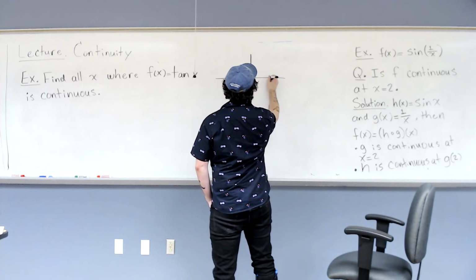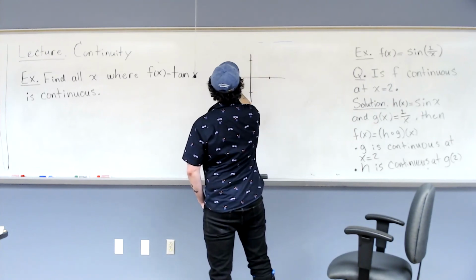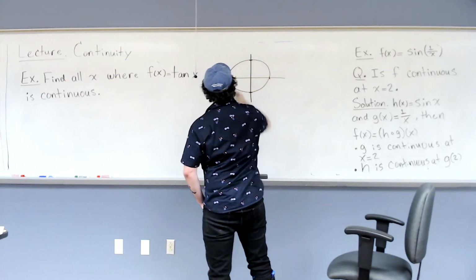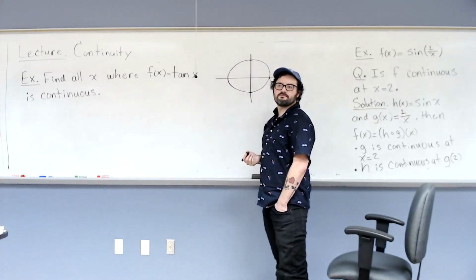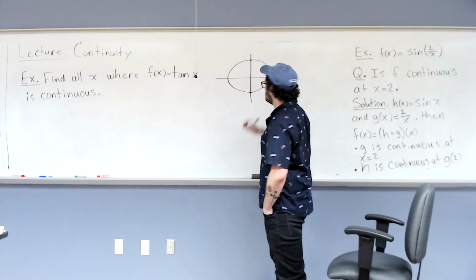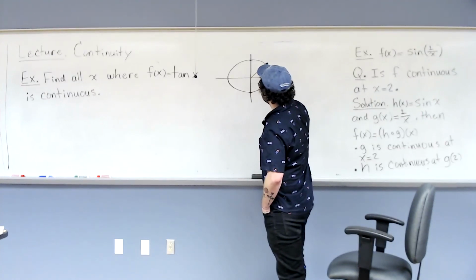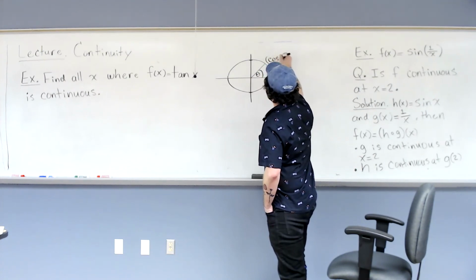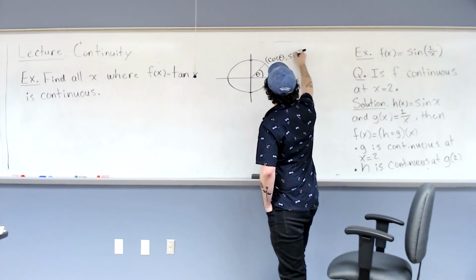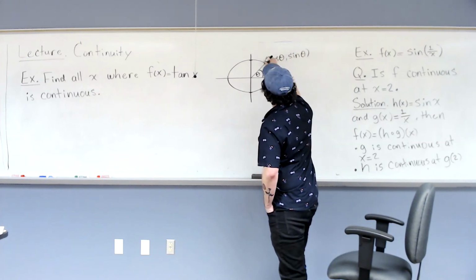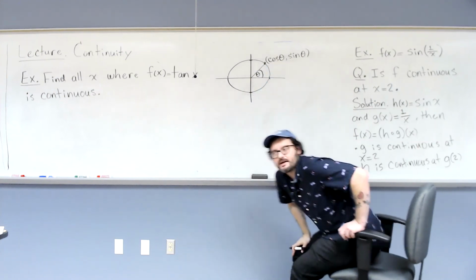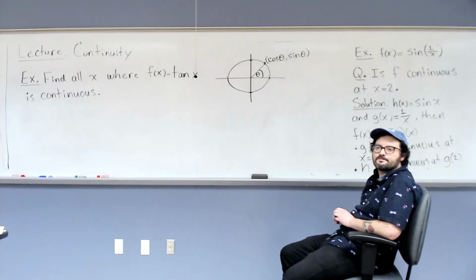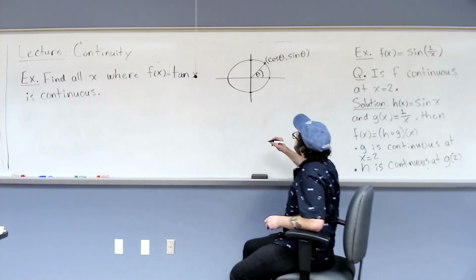The sine and cosine function values live on this unit circle, right? For any given angle theta, that point right here is going to be described by cosine of theta, sine of theta. The x values come from cosine, the y values come from sine, right? Okay, so you need to be familiar with that.